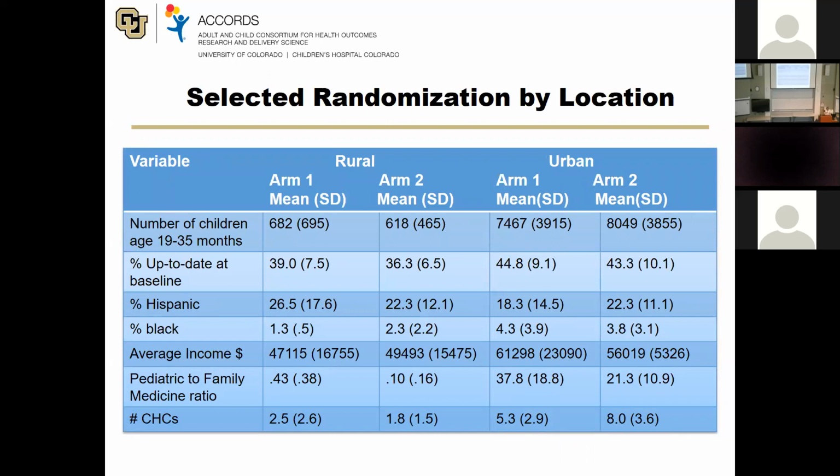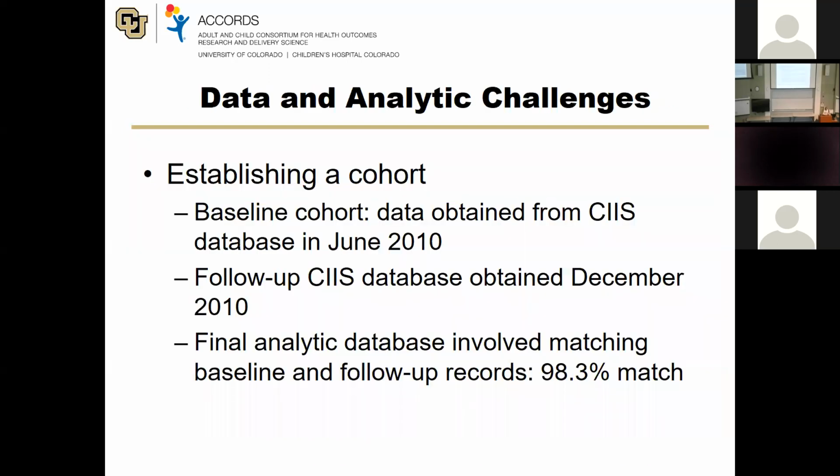So finally, we come up with our selected randomization for the study, and I went ahead and separated these out into rural and urban because you can see a little bit differently how well they correspond. And they're fairly well balanced. There are some slight differences, but there's nothing major. So this procedure worked pretty well for us. We were satisfied with that.